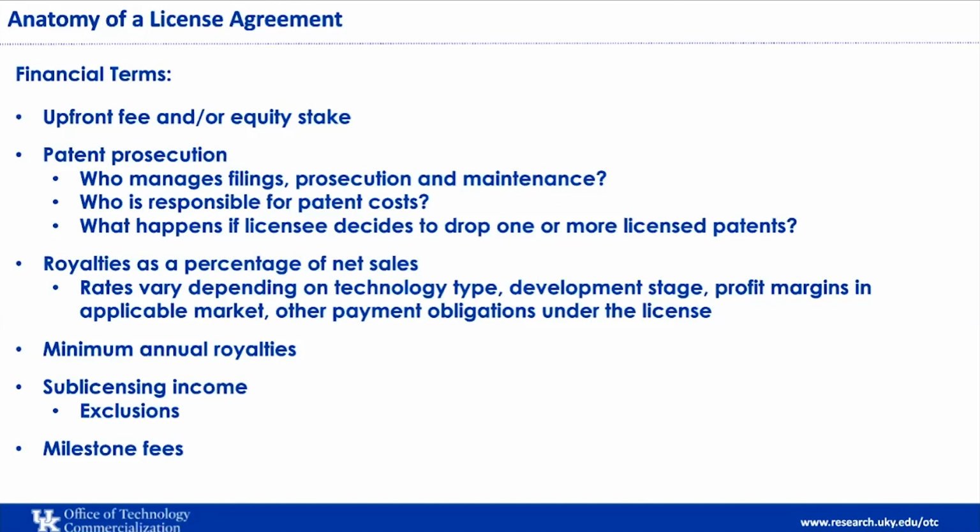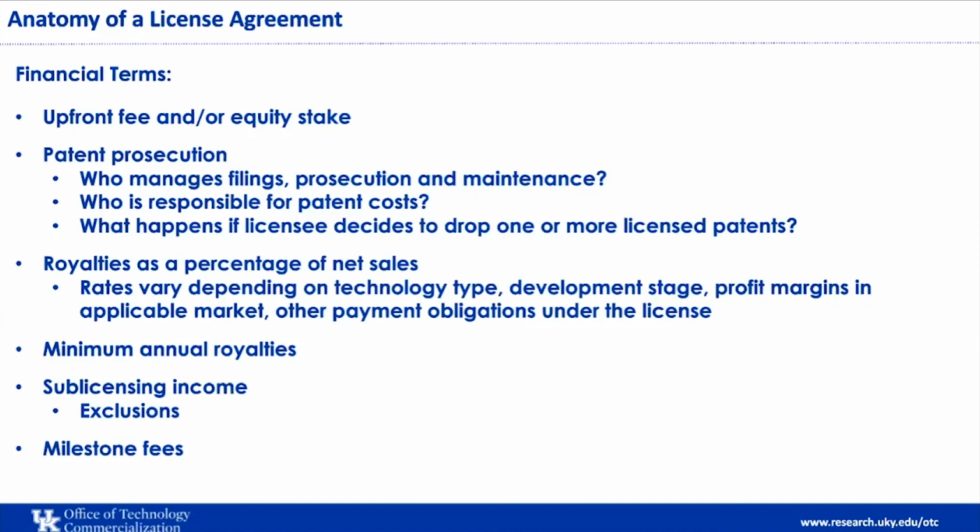Let's say $5,000 is the minimum, and we end up in year 5 getting royalties in the amount of $3,500. Well, that's $1,500 short of the minimum annual royalties for that 5th year. And so we would ask that the licensee pay the $1,500 to make up the difference.